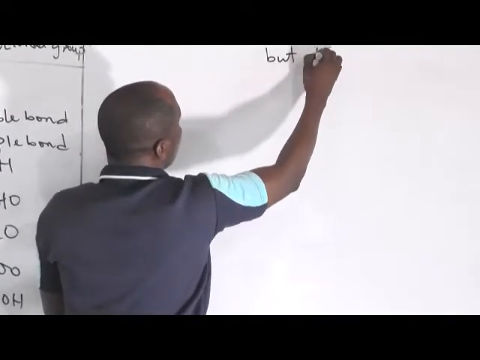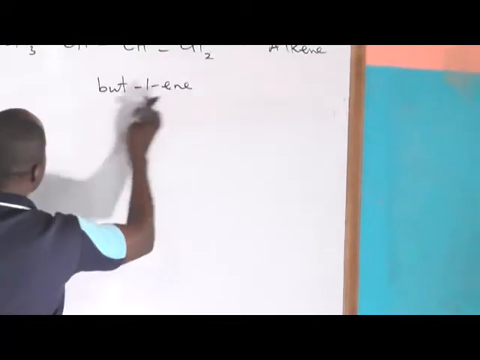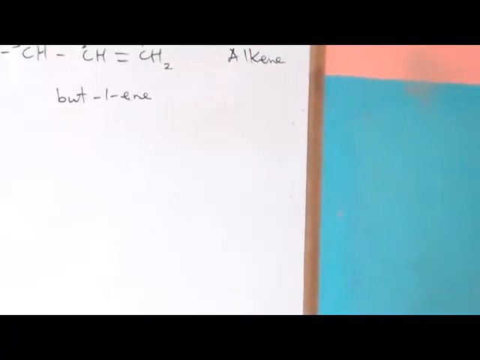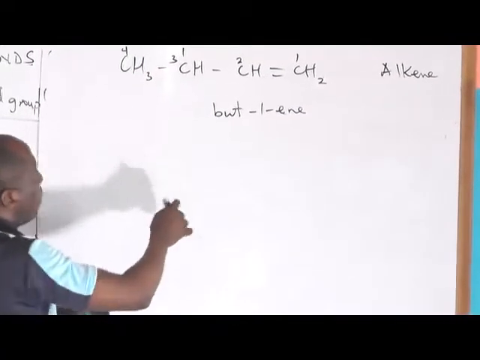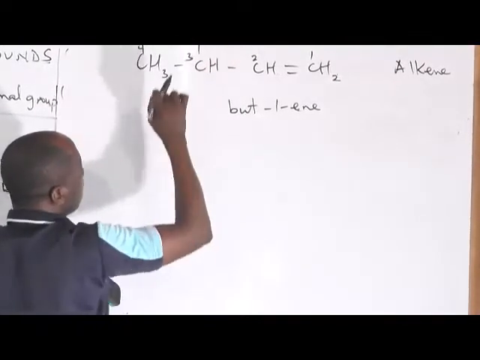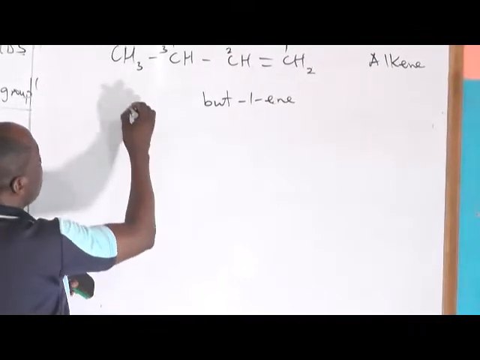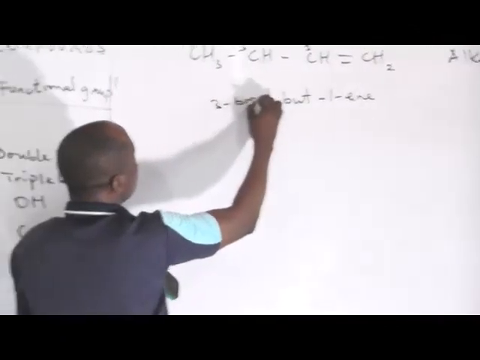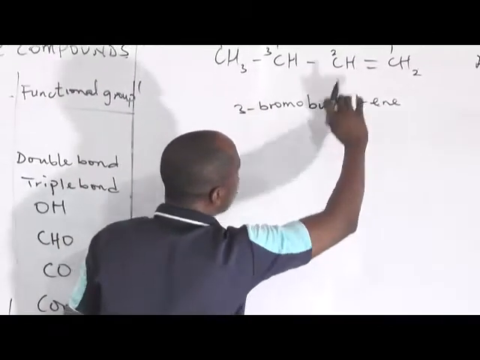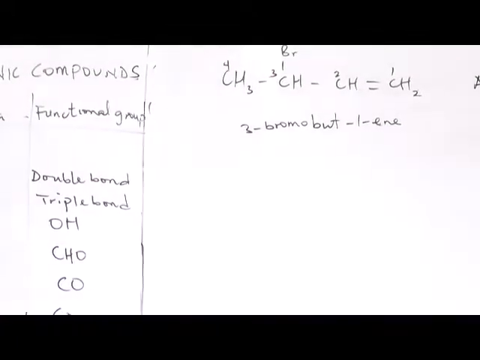That is but-1-ene. Ene means alkene, double bond. If it is triple bond, that would be yne. Now this bromine is attached to carbon number 3. That would be 3-bromo. That's 3-bromobut-1-ene. That is the name of that compound.